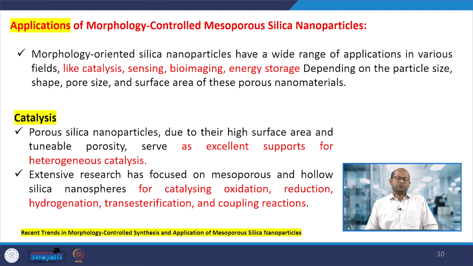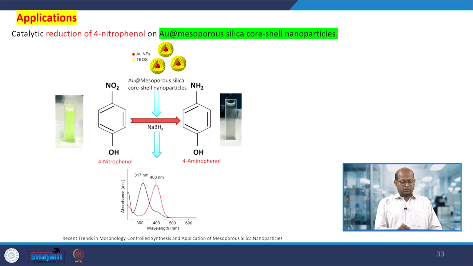This mesoporous silica or silica aerogel we have prepared can be used in many applications, as already discussed. In catalysis, as support materials or as a catalyst itself for various reactions we can use it. Here gold mesoporous silica was used for the reduction of the nitro group of 4-nitrophenol to 4-aminophenol.